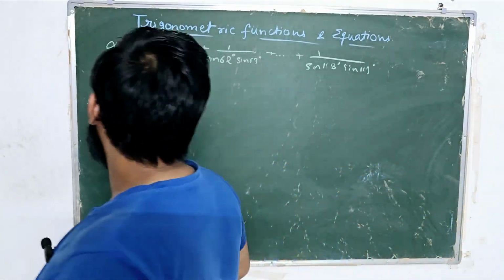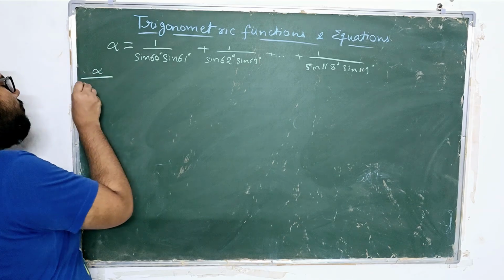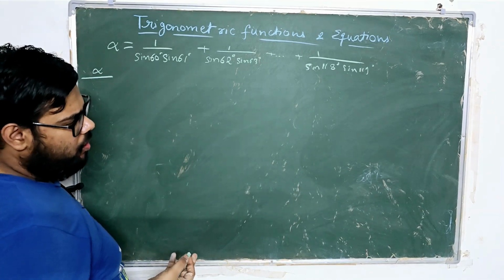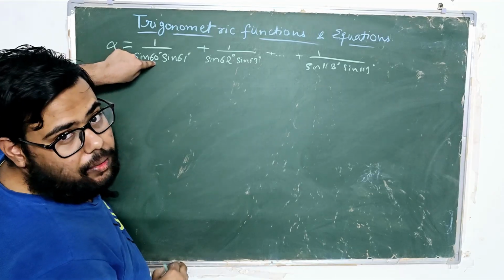Okay, so now what we can do is that we can simply see the difference of angles is 1 degree.